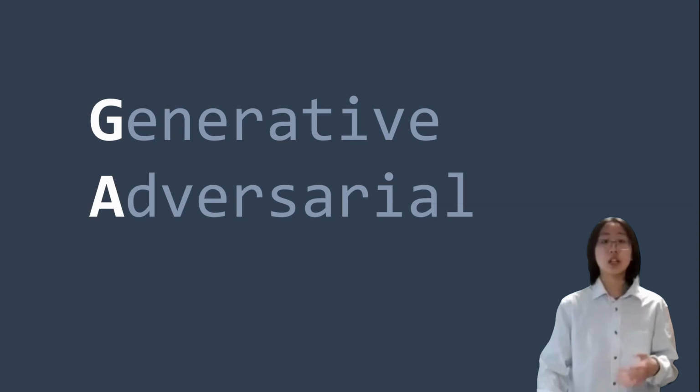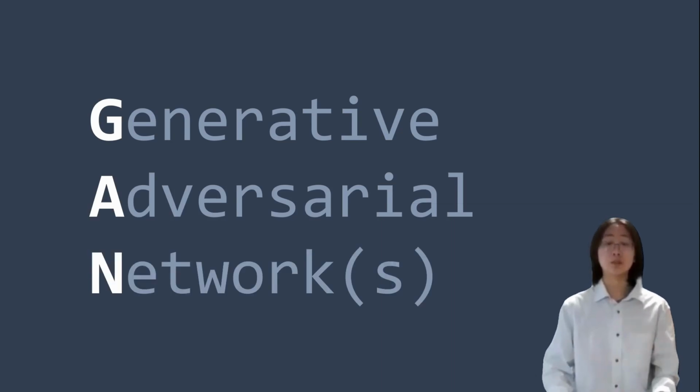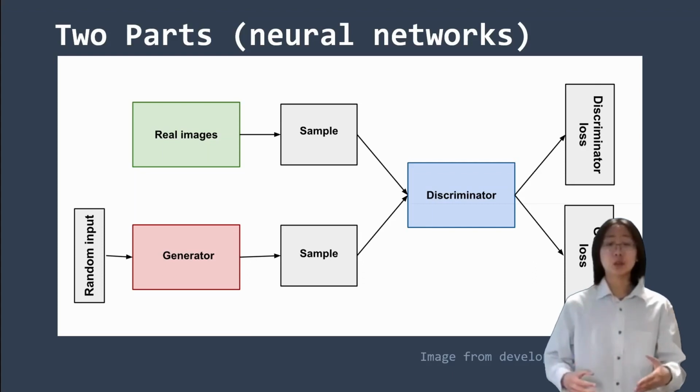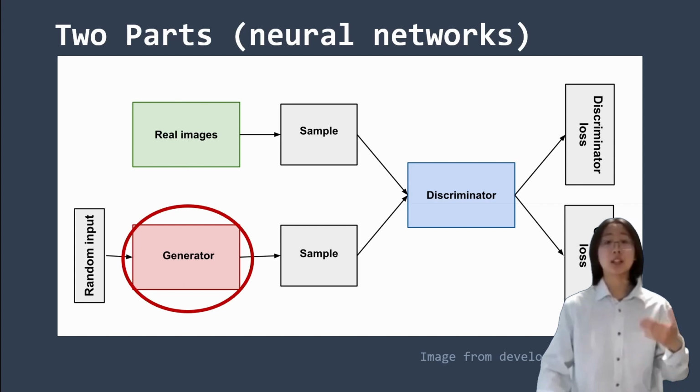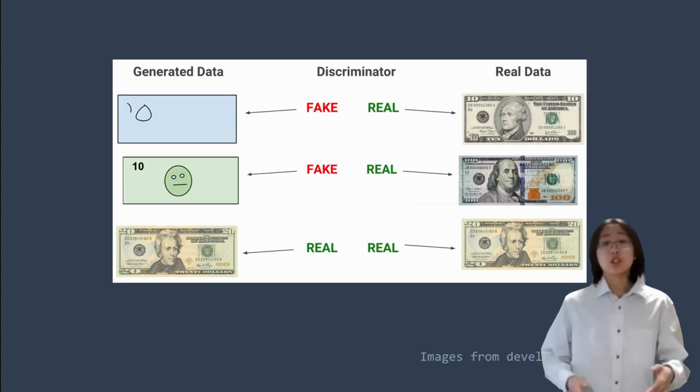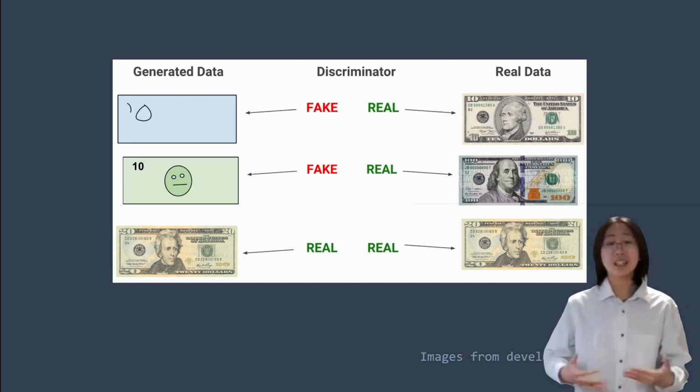One of these is called the Generative Adversarial Network, or GAN. A GAN works with 2 basic parts: the generator and the discriminator. The generator looks at real images from the dataset and tries to generate fake images based on the real ones.